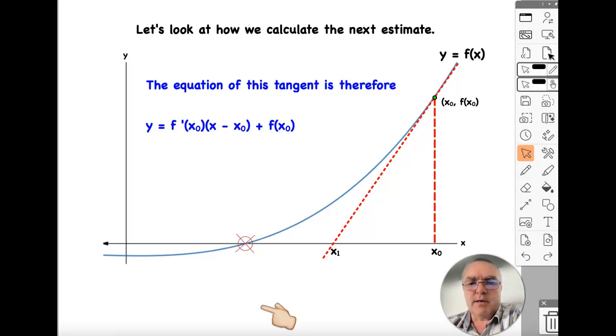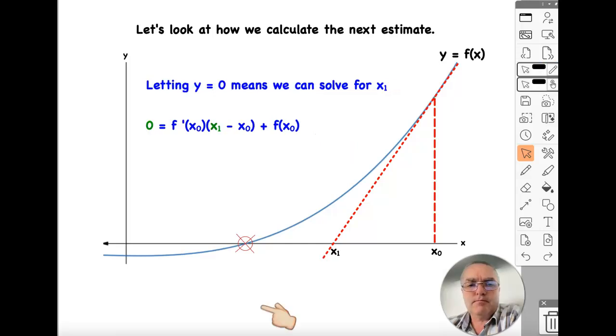So we can basically use the equation of a straight line. And so here's my m, x minus x1, and here's our y1 over here. So we've got our gradient, our x minus x naught, plus f of x naught. And if we are looking for x1, what we're saying is that y is equal to 0.